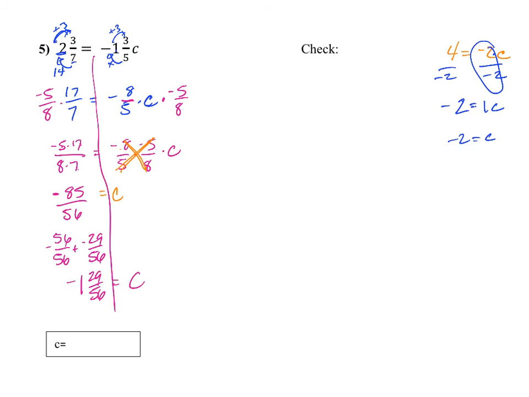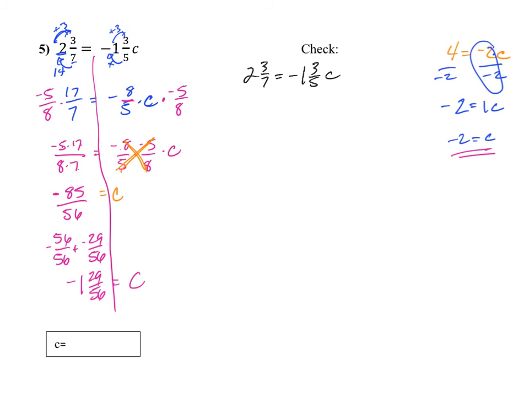Okay, so now I'm going to check. Now if I were to check over here, I just plug in negative 2 into c and see what I got. It's harder only because it's more complicated, because I have fractions. So again, I'm going to have 2 and 3 sevenths equals negative 1 and 3 fifths c.